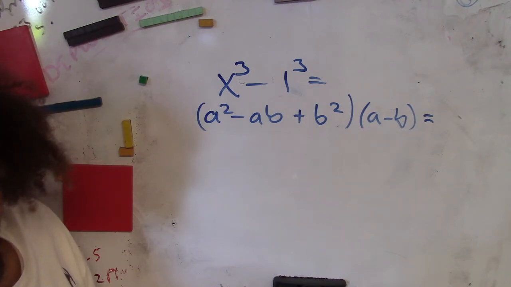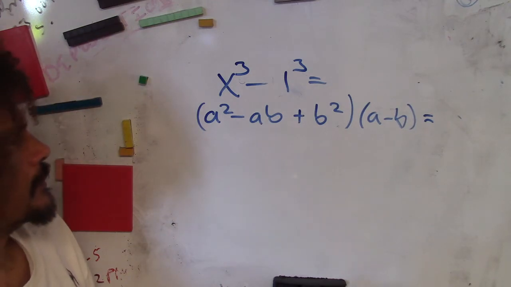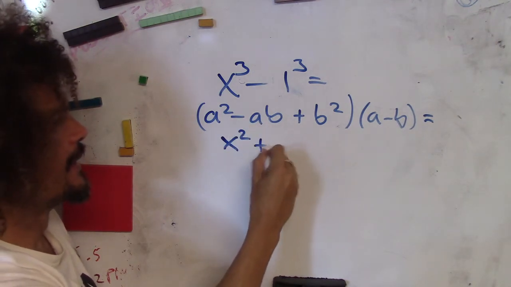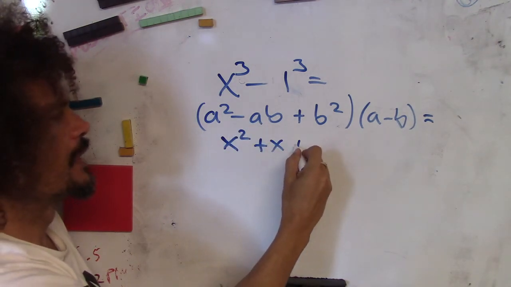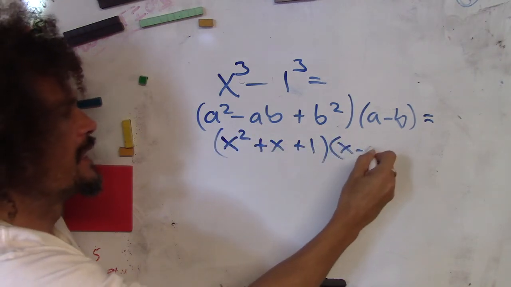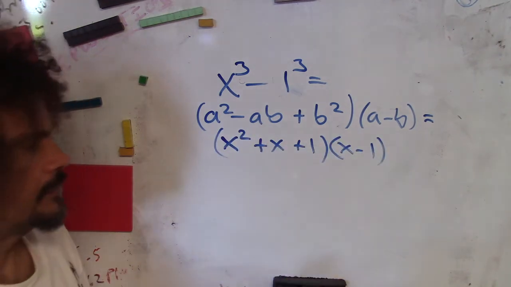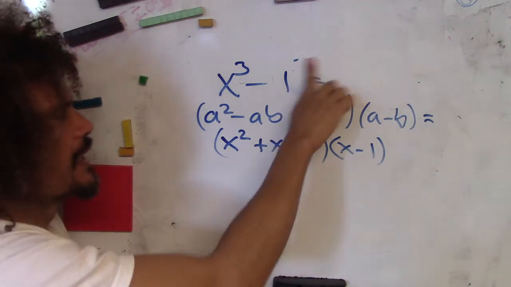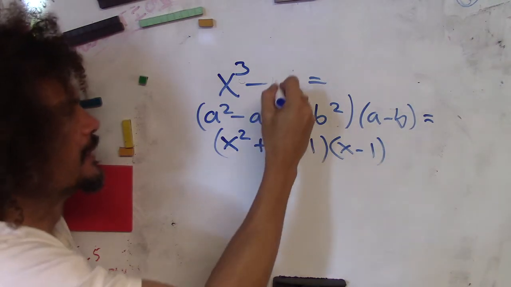No. x squared plus x plus 1, times x minus 1. I just found it. So x squared plus x plus 1 times x minus 1. Alright. What if we change this to 8?